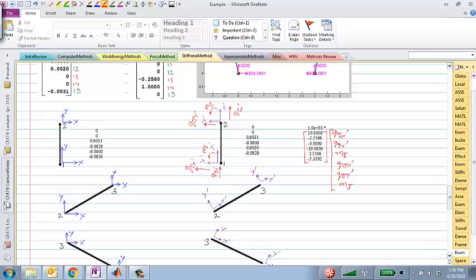That's the local 6 cross 1 that we got by taking K element local coordinates acting on U element in the local coordinates.